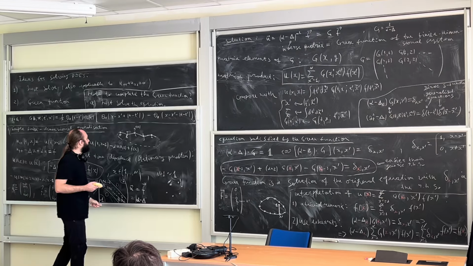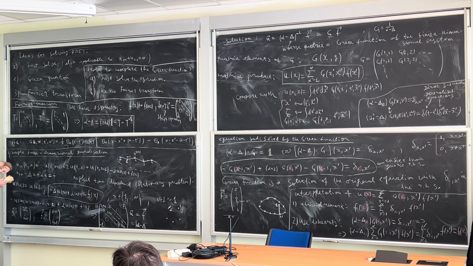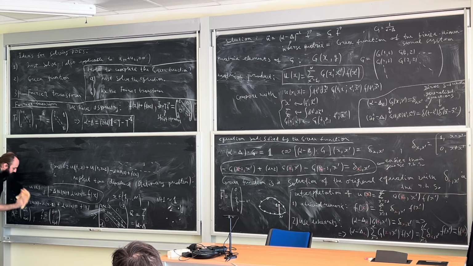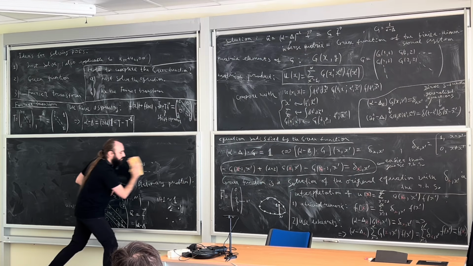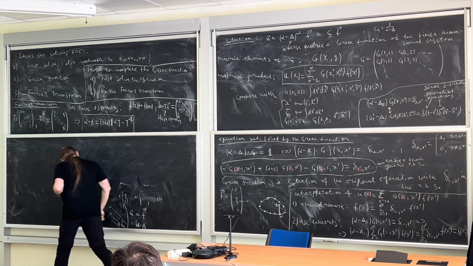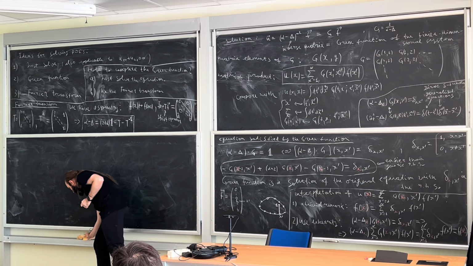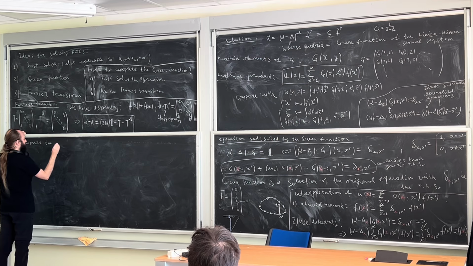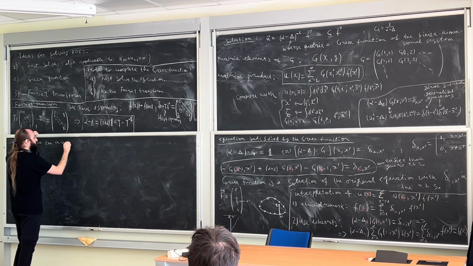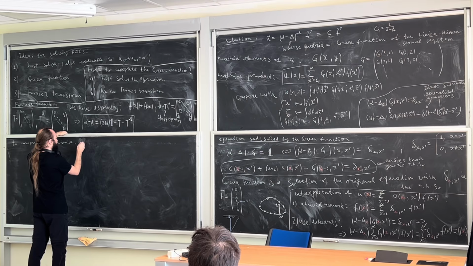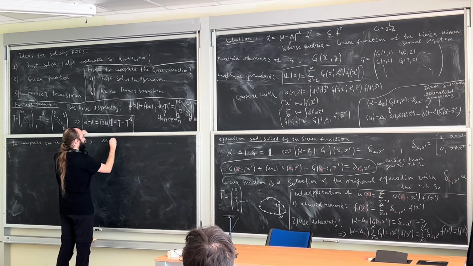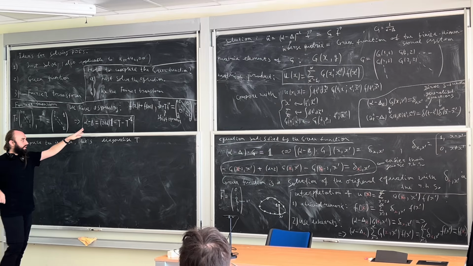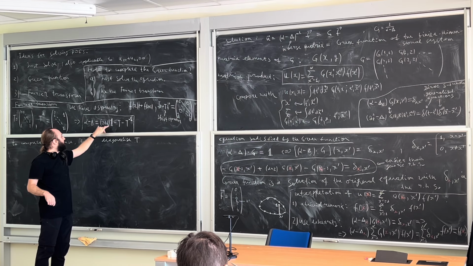So let me erase this. So if we diagonalize T, then this matrix becomes diagonal as well.